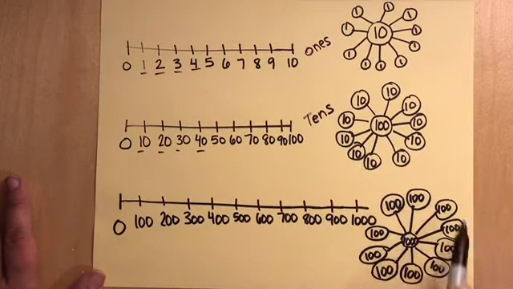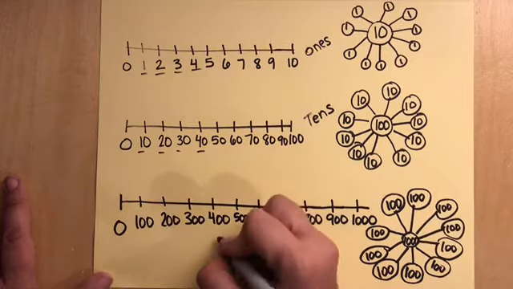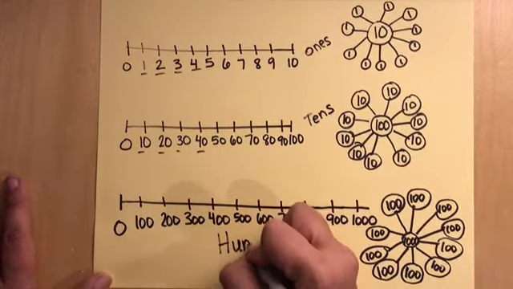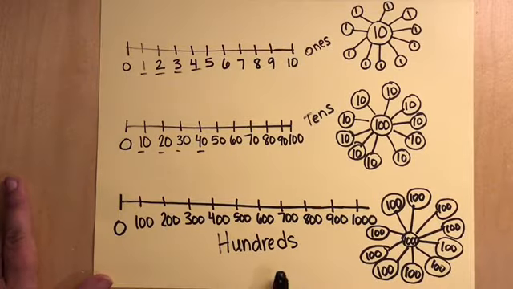So we have 10 100s in 1,000. 100, 200, 300, 400, 500, 600, 700, 800, 900, 1,000. We call these numbers hundreds because I can count by 100 to get to these numbers.